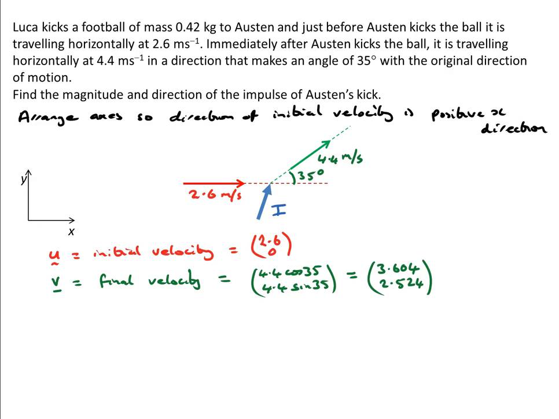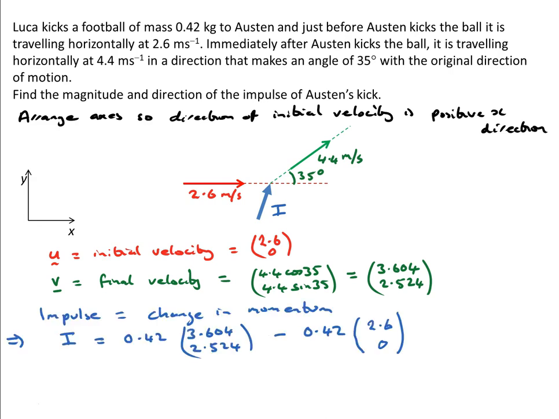And we can now find the impulse as a vector using the fact that the impulse is the change in the momentum. So that is the final momentum minus the initial momentum. The final momentum is the mass of the ball, 0.42 kilograms, times the final velocity, which was 3.604, 2.524.